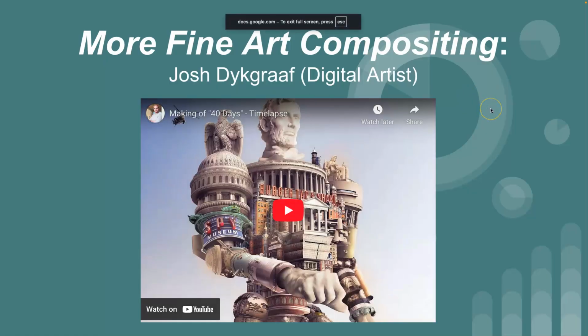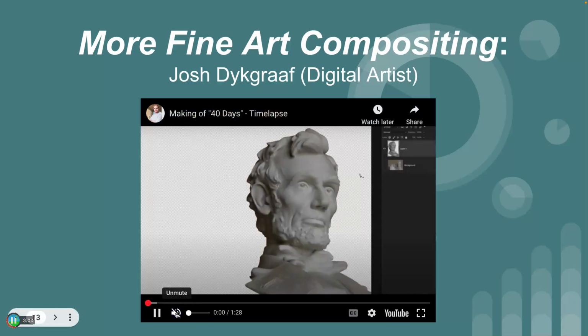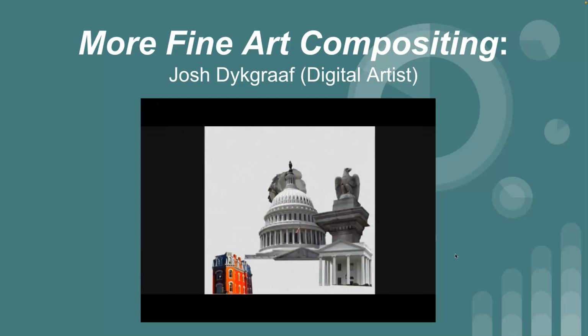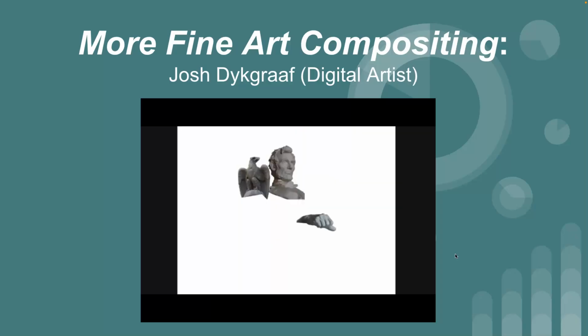All right. The next one was another compositing artist who does commercial art and fine art work. And what's interesting about Josh Dijkgraaf's work is that he does not take his own photos, right? More like what we're doing, because we're not a photography class. He is finding all of these resources online.